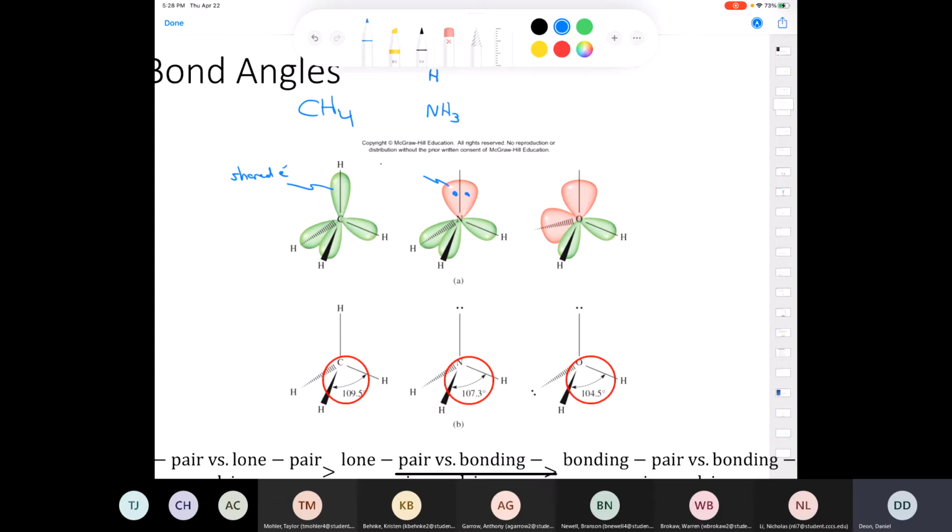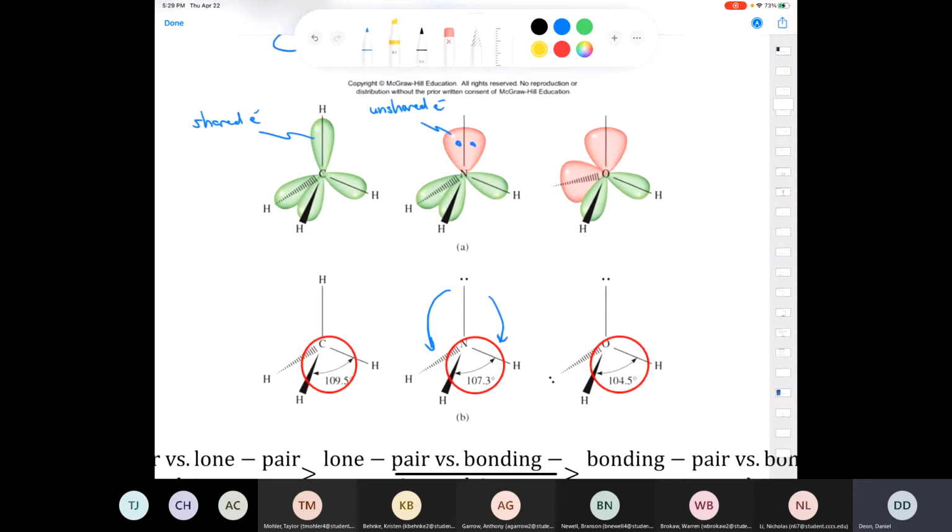These are lone pairs, so unshared electrons. What's the consequence of these electrons being unshared? They're going to push these bonds down a little bit more, closer together, and it lessens the bond angle, which decreases the bond angle down to about 107.3.